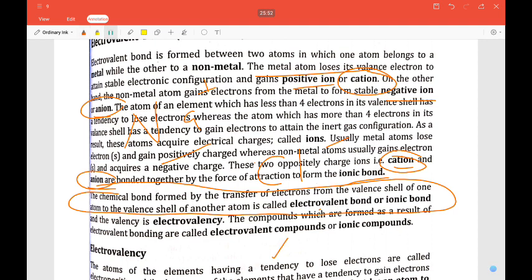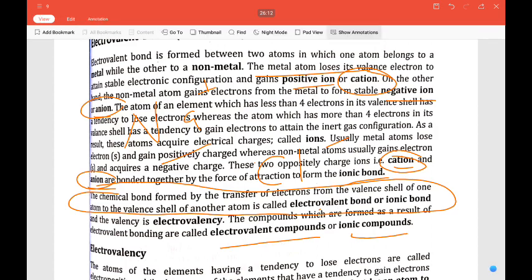Those compounds bound by electrovalent bond are called electrovalent compounds or ionic compounds. An electrovalent compound is sodium chloride, NaCl.